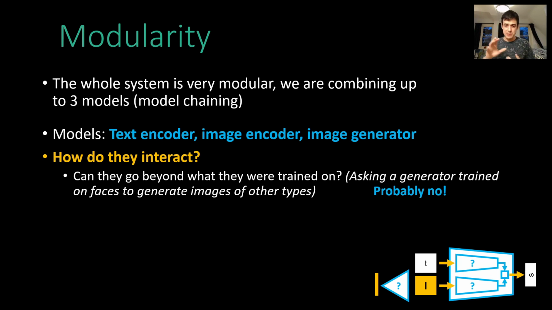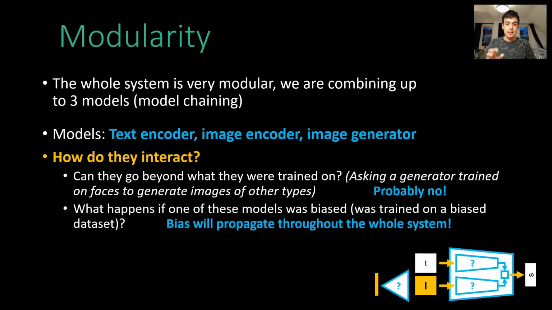Probably not. It will probably still be somewhere in the domain of faces, because that's the only thing that the image generative model knows, but it will try to push it all the way there. So it's probably going to be maybe slightly red if it's a tomato. And because sometimes these models are trained with a lot of random augmentations, it might actually look quite weird as well. But we cannot make it go beyond its own domain of data too much.